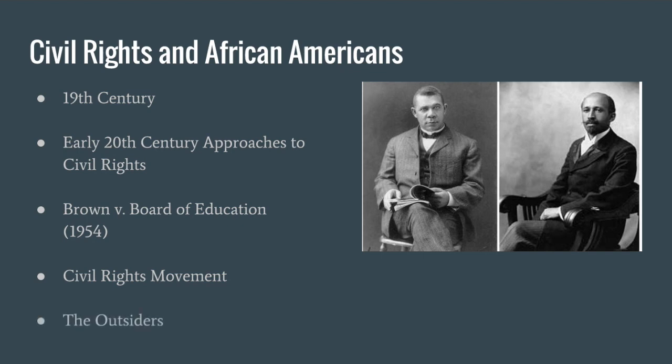Additionally to the standard civil rights movement that is so lauded, we have the outsiders of the civil rights movement. Malcolm X, who's a little bit more in line with the Marcus Garvey, Booker T. Washington approach, the self-help. You know, they're not going to help us, so we need to help ourselves.